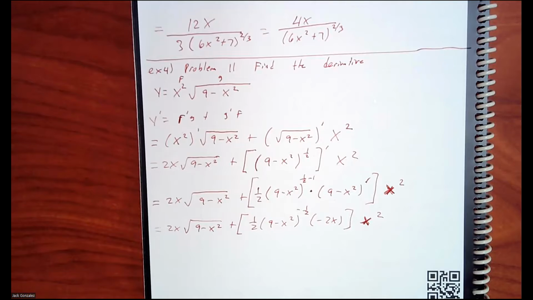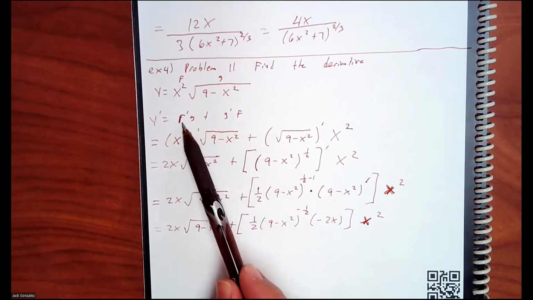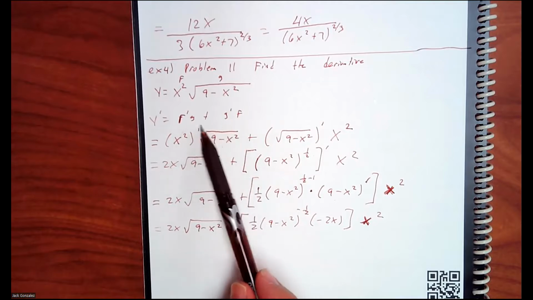So you see there's a product rule that requires a chain rule. Is that part clear? Is it clear that we did a product rule, and during the product rule, a chain rule was required? That's the 9 minus x squared, right? We did the product rule a bunch of times in the last section.